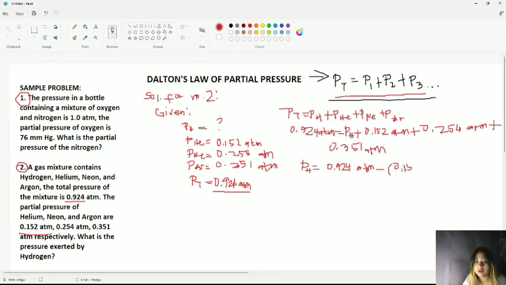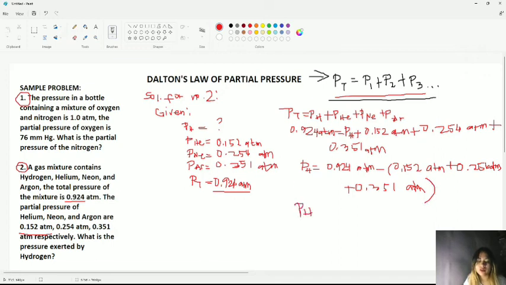So, 0.924 minus 0.152 atmosphere, minus 0.254, minus 0.351.